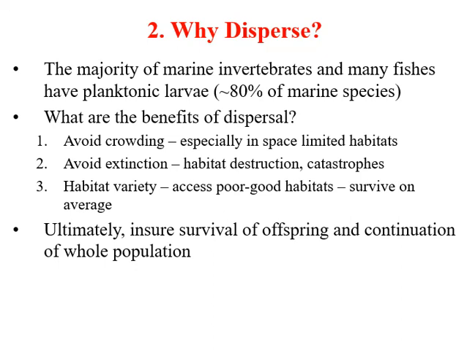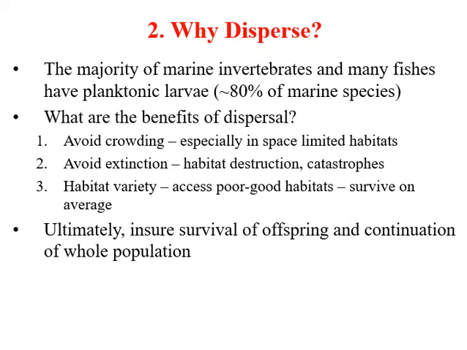So this planktonic larva, very, very common. I've mentioned it a number of times, and here's a quantification of that in terms of marine invertebrates and a whole bunch of fish, a lot of fish that lay eggs, not sharks, skates, rays that give live birth. They have planktonic larvae.